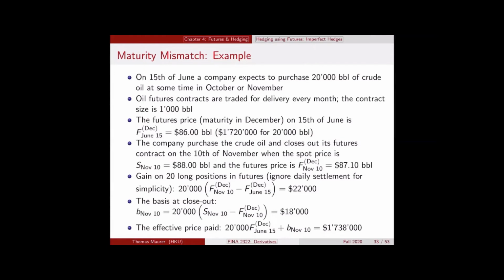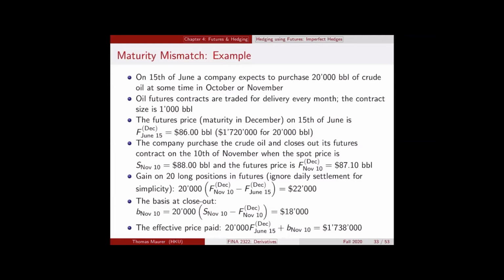Now let's suppose the company takes 20 long positions in this futures contract with maturity in December and tries to lock in the price of $1.72 million, which they have to pay for the 20,000 barrels of oil. And let's suppose now the company decides on November 10th that they actually want to purchase these 20,000 barrels of oil.